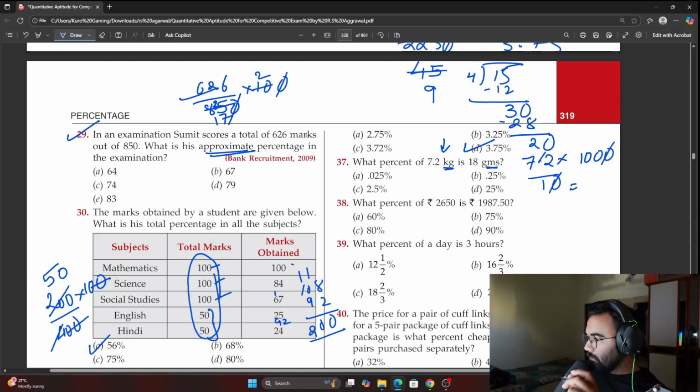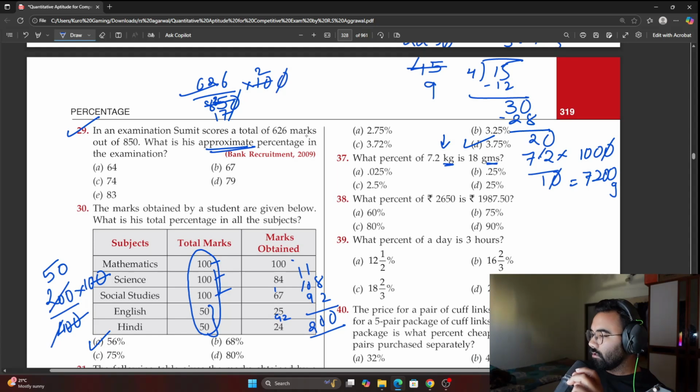Now, the reason why I'm doing the long form is this is grams. Okay. All right. So now how do I write this equation? 7200. So x percent of 7200 is 18. Simple.